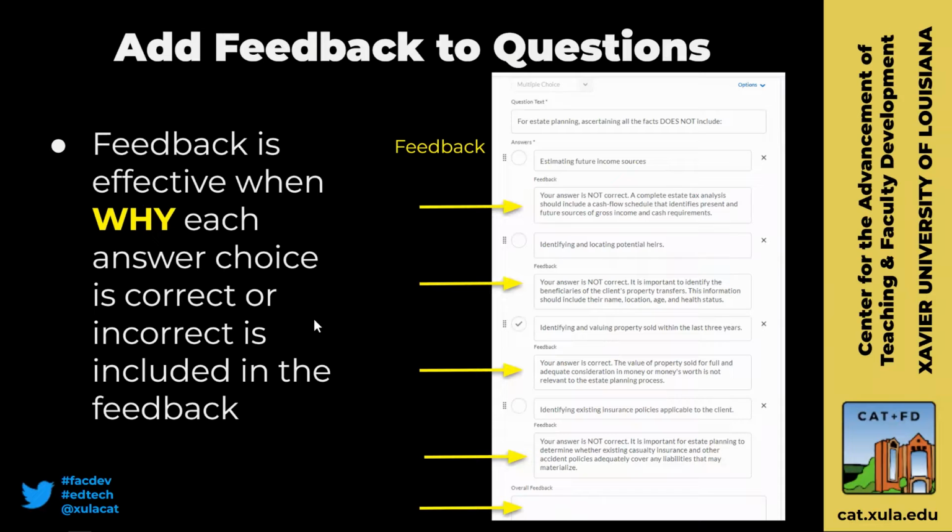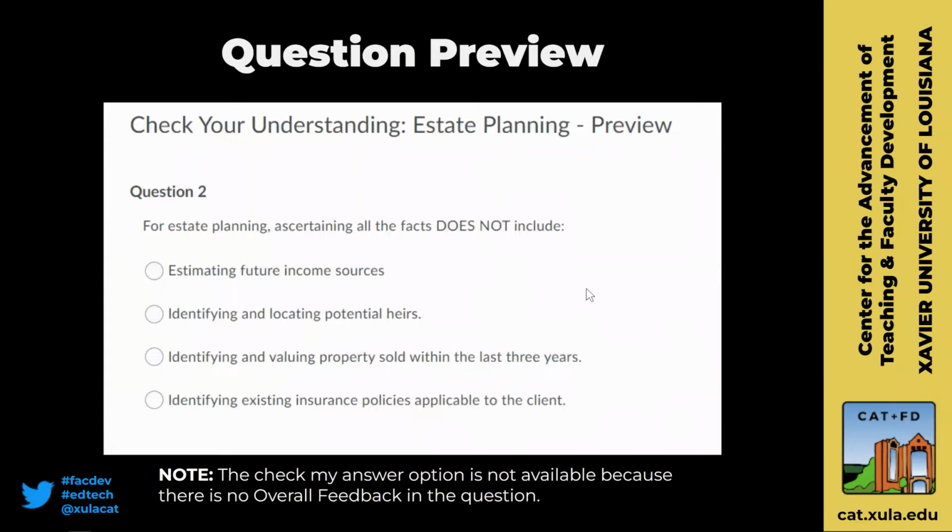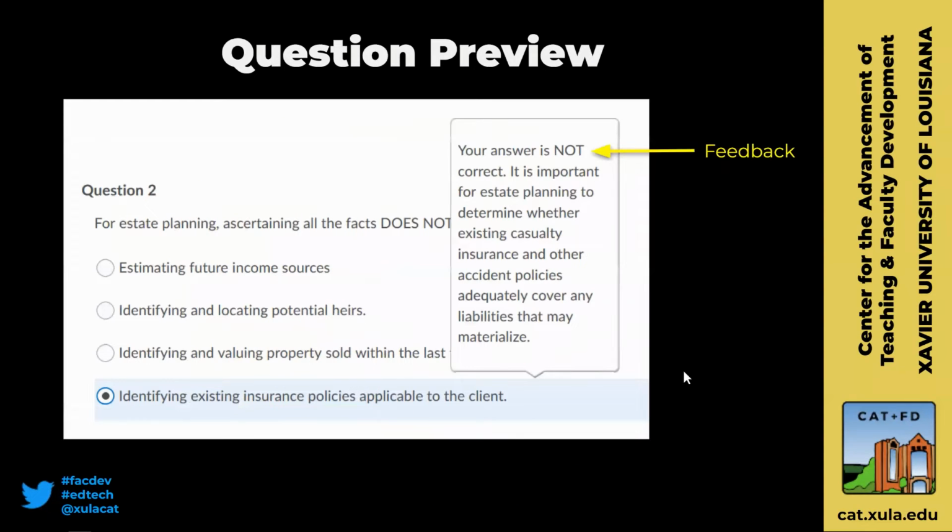So if the student were to view this particular question, it would appear this way. Since the overall feedback is blank, there's no check my answer here. But when the student selects an answer choice, they would see a pop-up immediately with the feedback that explains the answer is not correct and then why it is not correct.